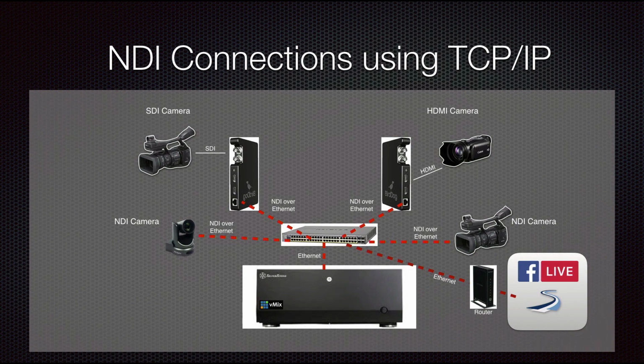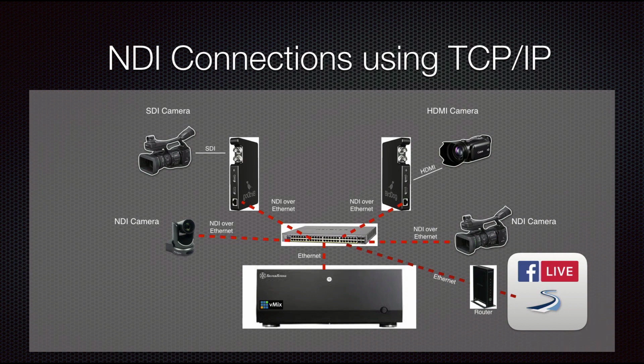Then we connect all of our video sources via Ethernet. We have some BirdDog devices plugged directly into the switch that go to an SDI camera, an HDMI camera, or to some NDI PTZOptics, and even some new Panasonic cameras that are coming out.